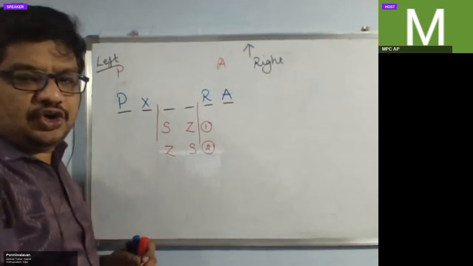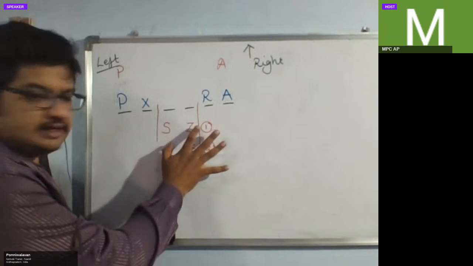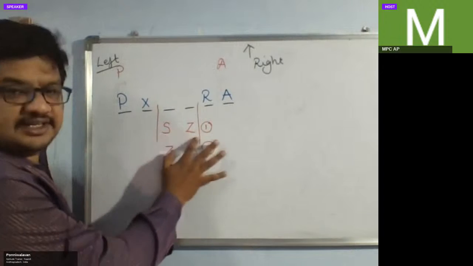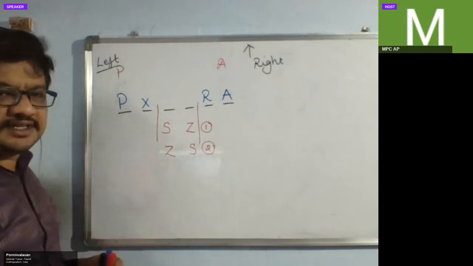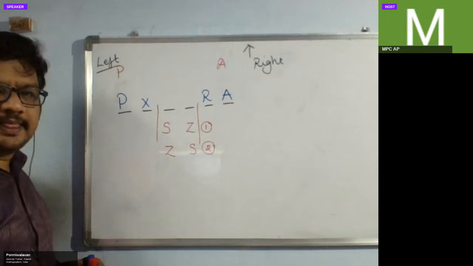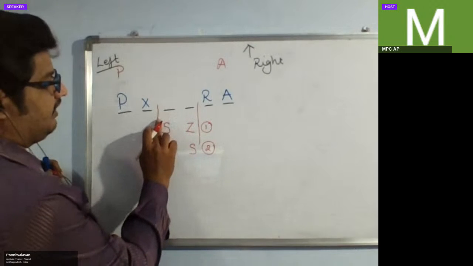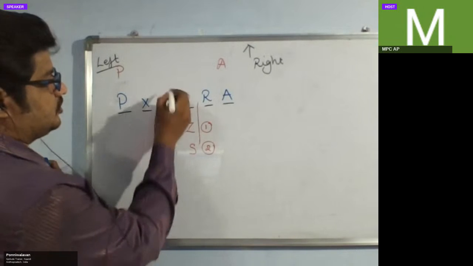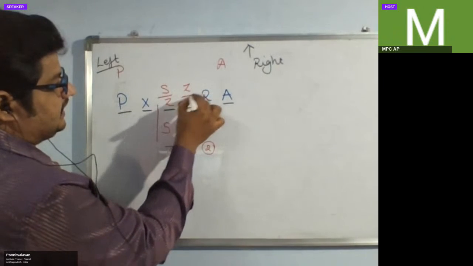Do we have any clue for finalizing the position of S and Z? Do we have any more clue for finalizing the position of S and Z? No. Then we cannot find where S and Z come. So it may be SZ or ZS.